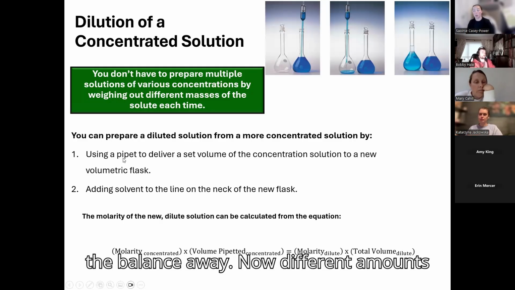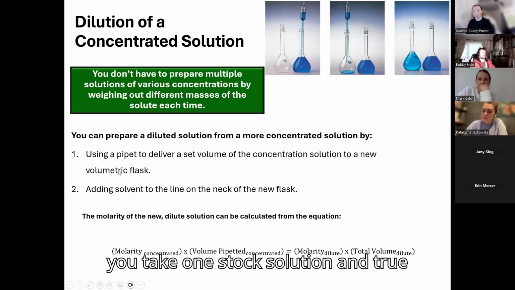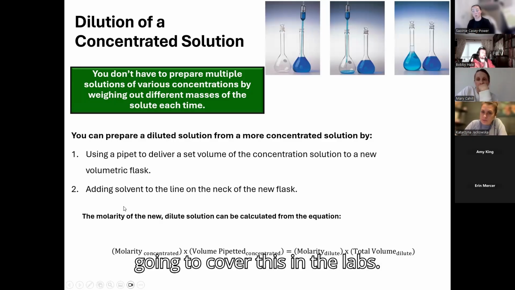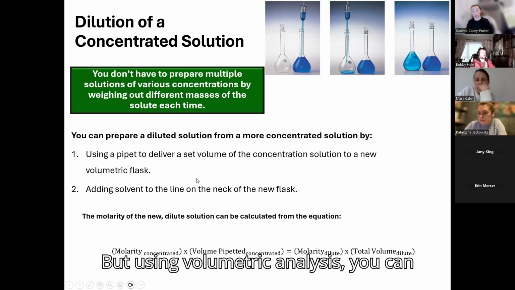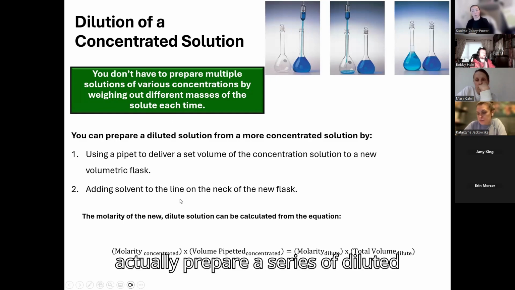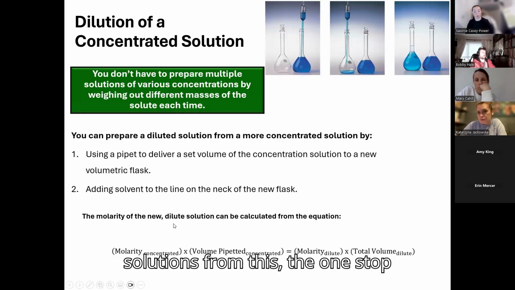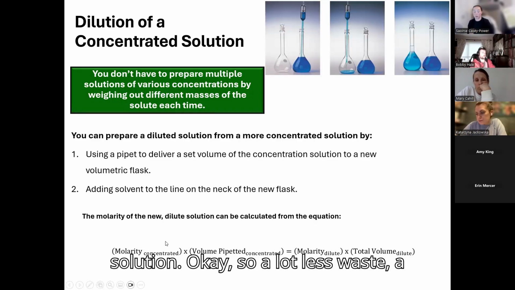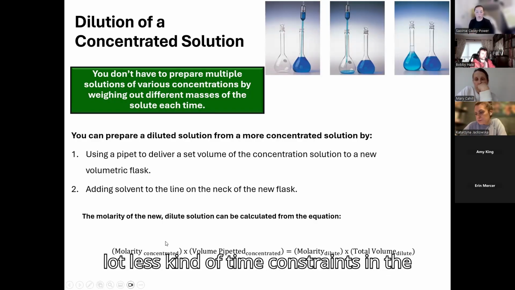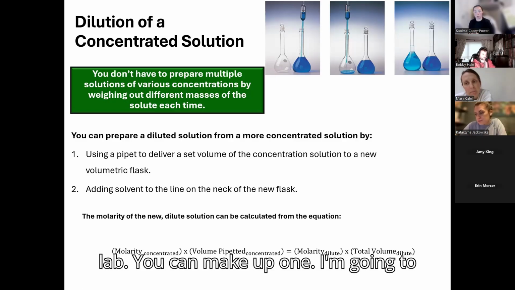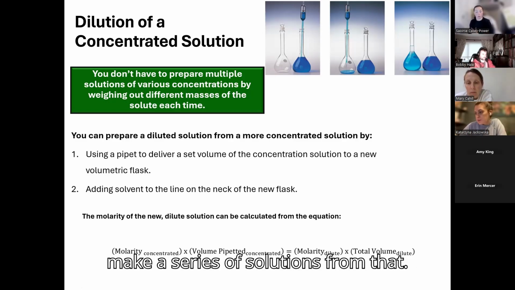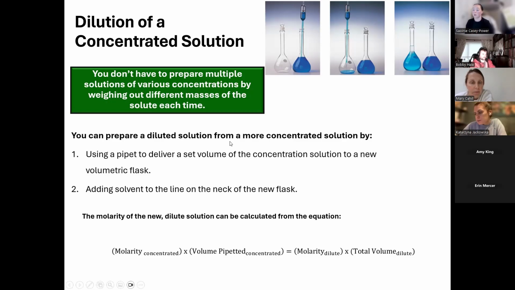Using volumetric analysis, which we're definitely going to cover in the labs, you can prepare a series of diluted solutions from just the one stock solution. So there's a lot less waste and fewer time constraints in the lab.